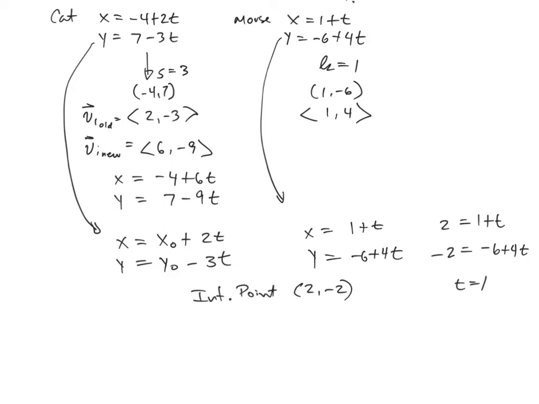So we know the mouse is at point (2, -2) at a time of 1. The cat needs to be at the point (2, -2) at the same time, at a time of 1. So we take our cat equations. The cat's got to be at an x-coordinate of 2 and a y-coordinate of -2 when t is equal to 1.